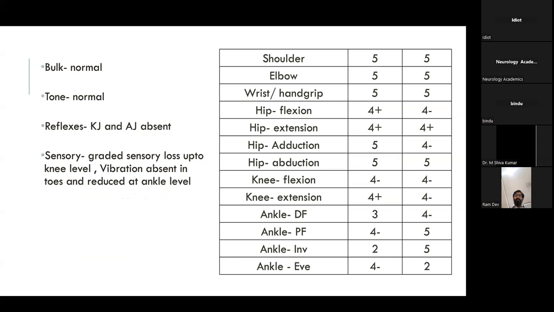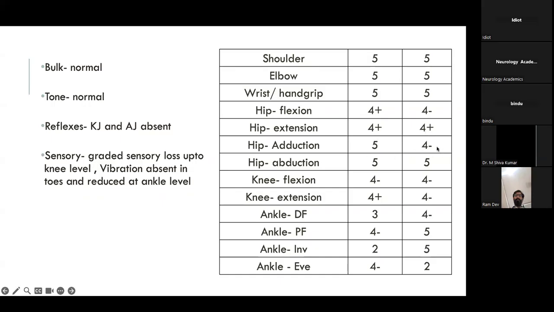Examination: tone and bulk are normal, reflexes: knee jerk and ankle jerk absent, rest of the reflexes normal. Coming to power, upper limb normal. In the lower limb, hip flexion is 4+ on right side, 4- on left side. Hip extension 4+ and 4+.